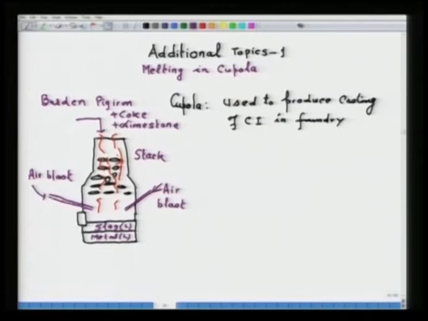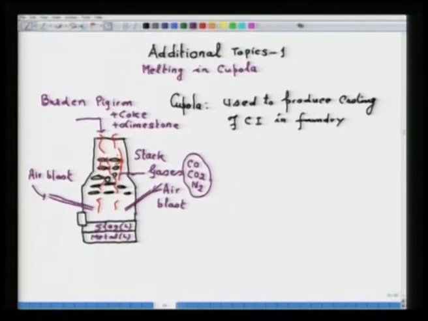This burden descends downward, and as the combustion occurs between coke and the blast of air, the gases, which are shown by the red color, comprise CO, CO2 and nitrogen, since we are introducing air and the carbon of coke will combust.